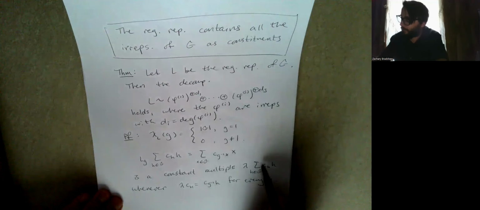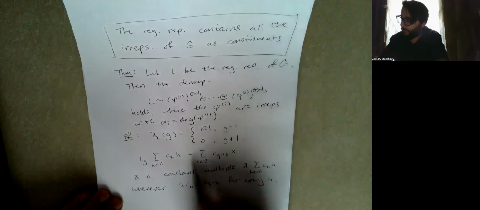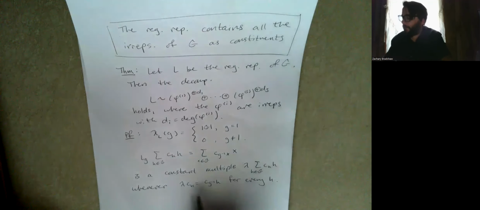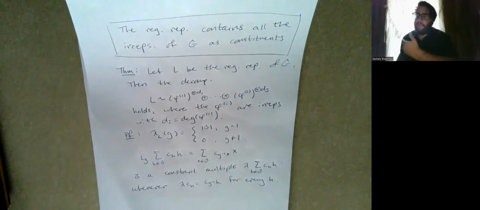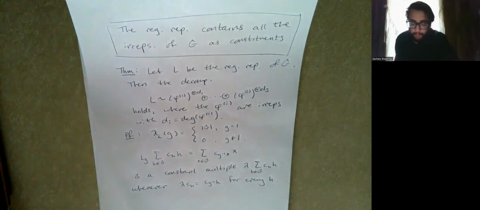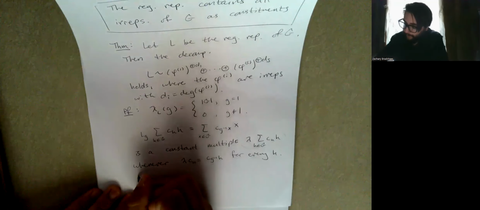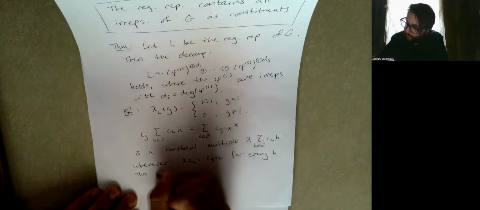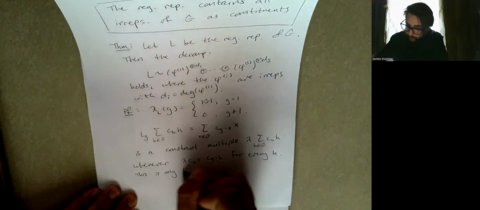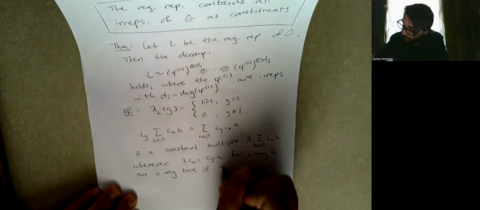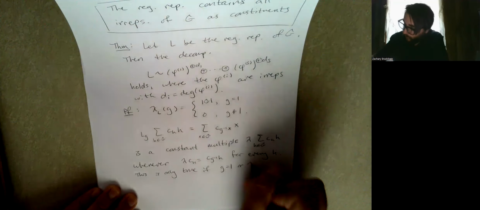So if we set this equal to the right-hand side here, then we get exactly this condition, just by linear independence. Okay, so this can only be true if, so this is only true if either g is 1 or lambda is 0.